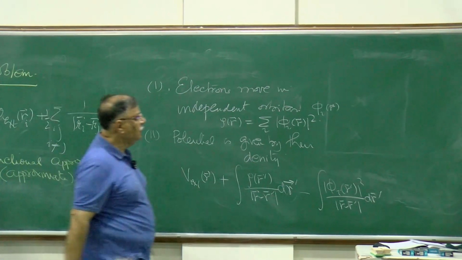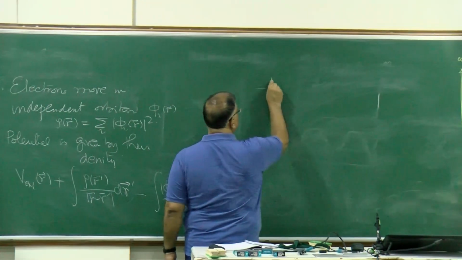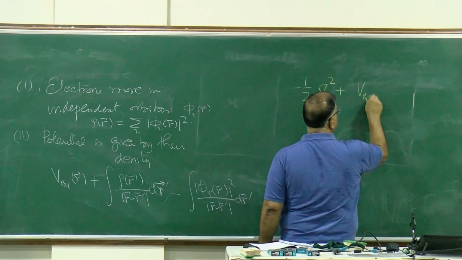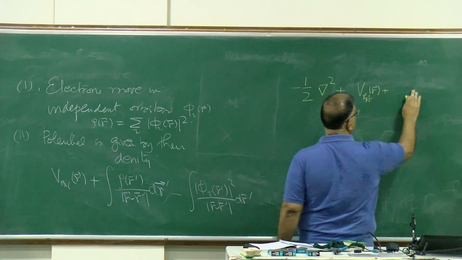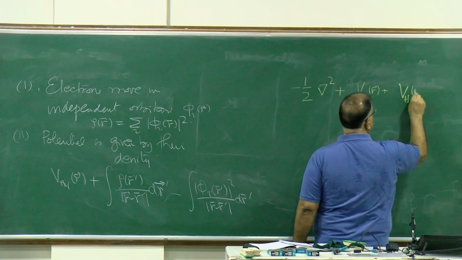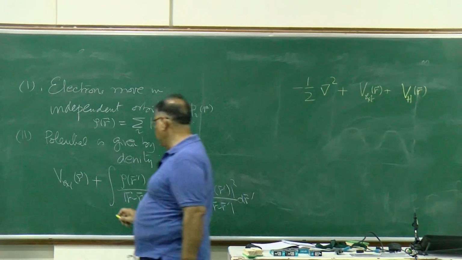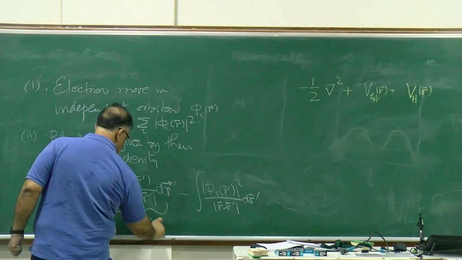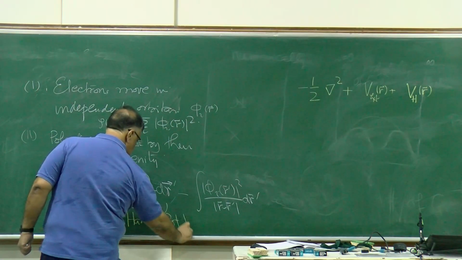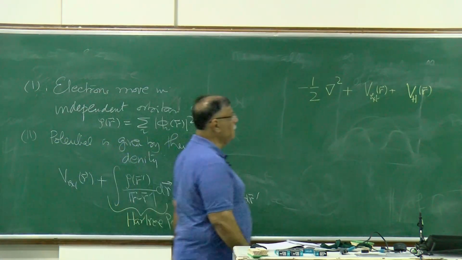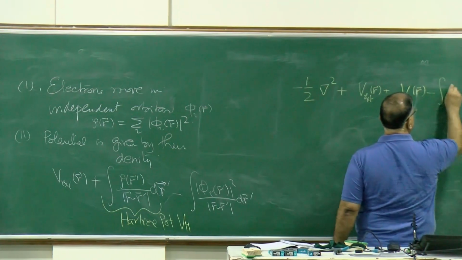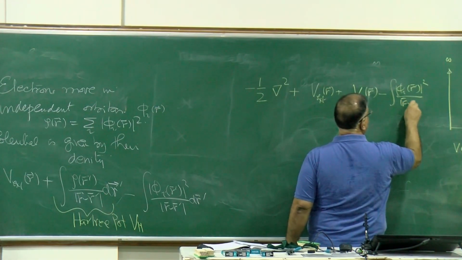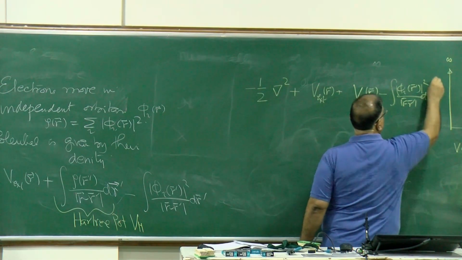And therefore, the equation for independent orbitals now becomes minus 1/2 del squared plus V external plus, let me call this V Hartree of r, since Hartree was the first who introduced this, minus the integral of |phi i of r prime| squared over |r minus r prime| dr prime.